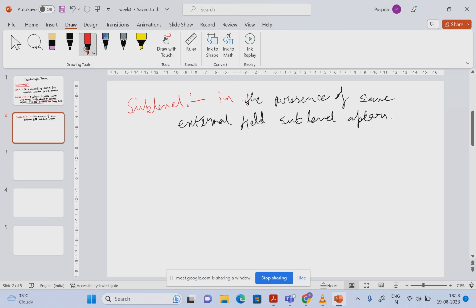Then we'll go into the term. What is a term?